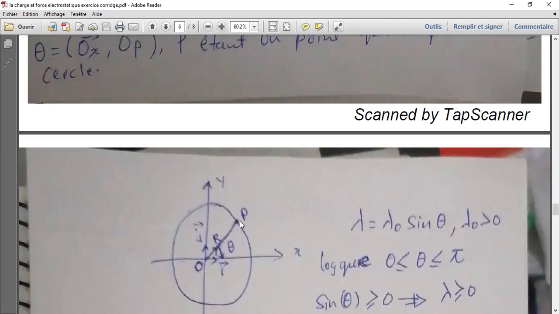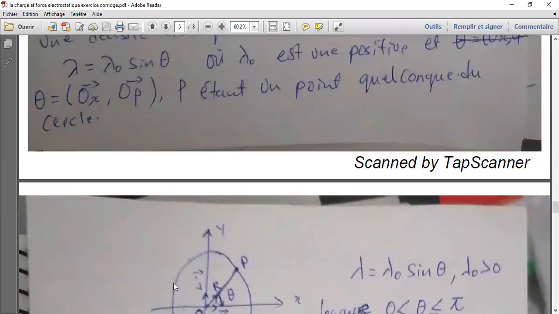So if I want, I can represent a charge here. For me, I've represented it here, but you can present it here, or anywhere you want around this circle.